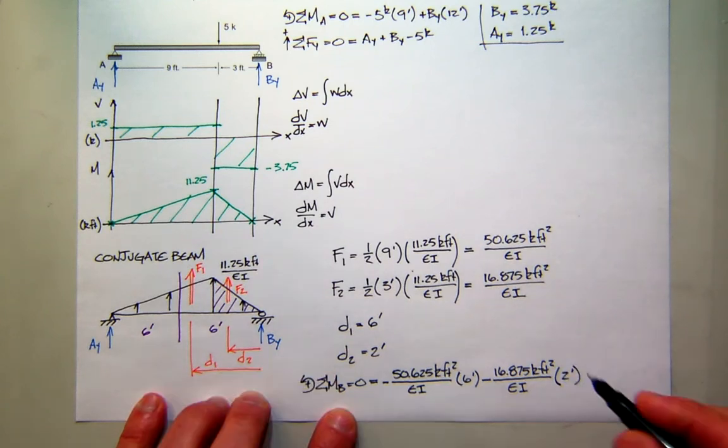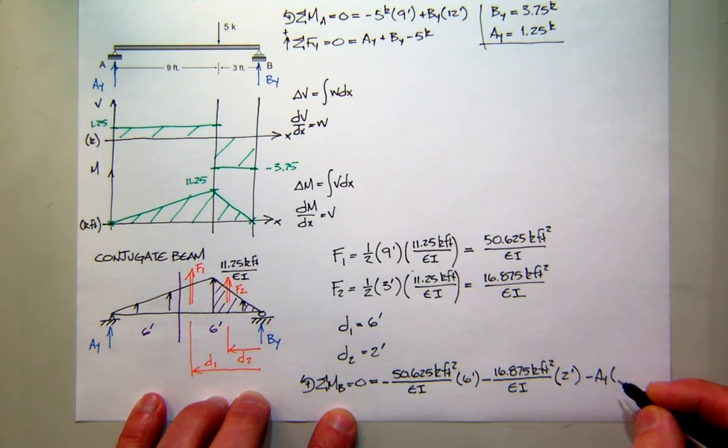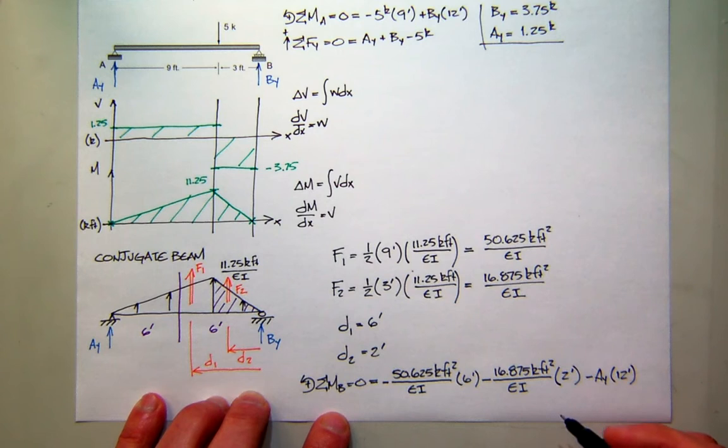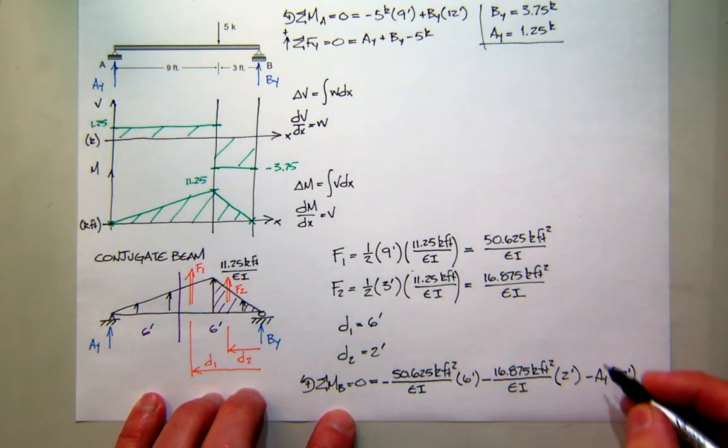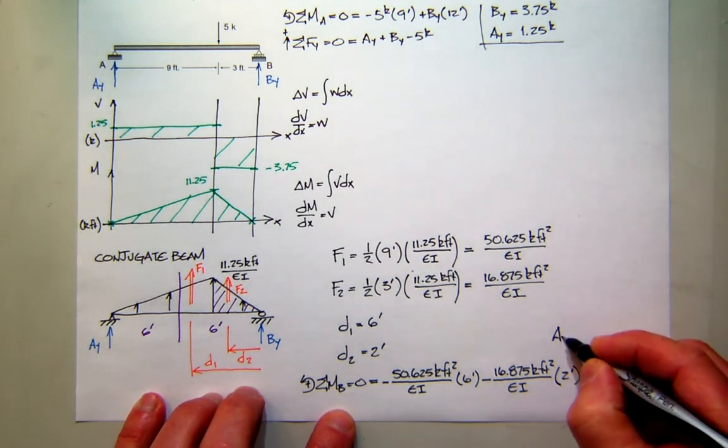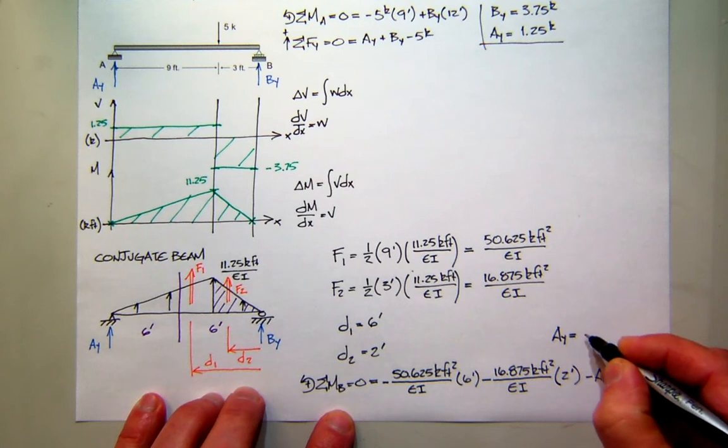And then I have AY times its distance, which is 12 feet. So when I solve for AY, I should get a negative value.